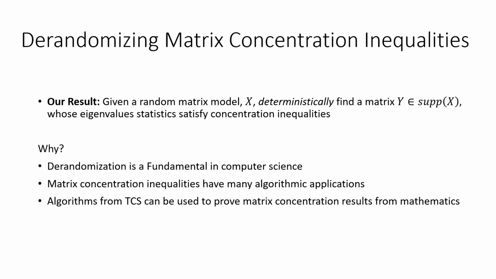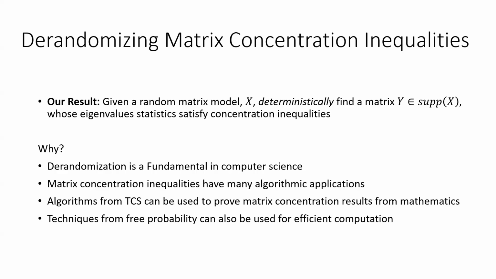Another interesting thing that we observed is that not only can you use these properties of free operators to bound the eigenvalues of random matrices, but you can also use them for efficient computation. I'll elaborate on these things later in the talk, but this is generally why we're interested in this question.